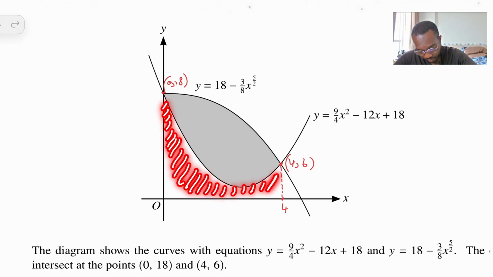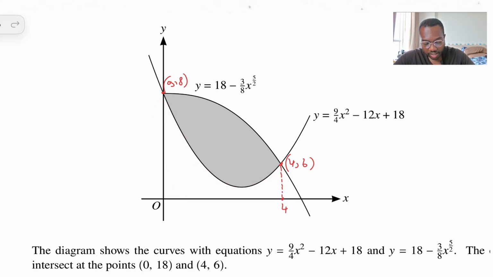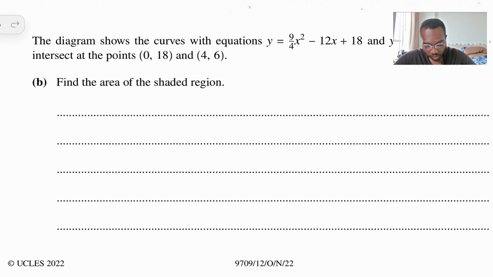So effectively, all we need to do is still integrate, but we do the integration of 18 minus 3 over 8 x to the power 5 over 2, and we subtract that from the integral of 9 over 4 x squared minus 12x plus 18. So that is what we're going to do here.